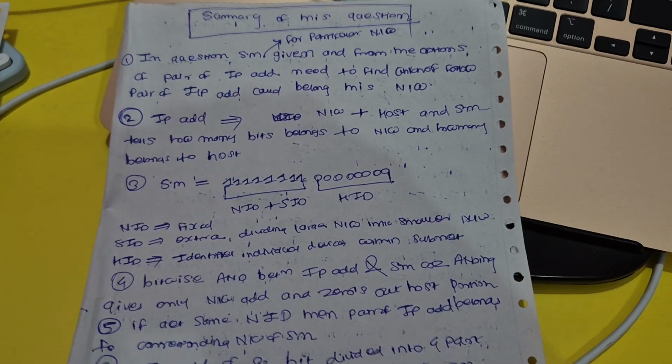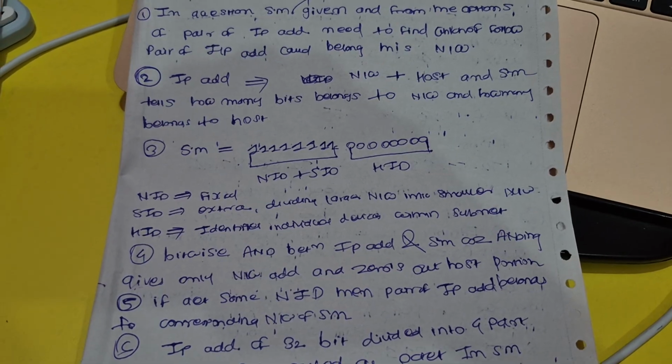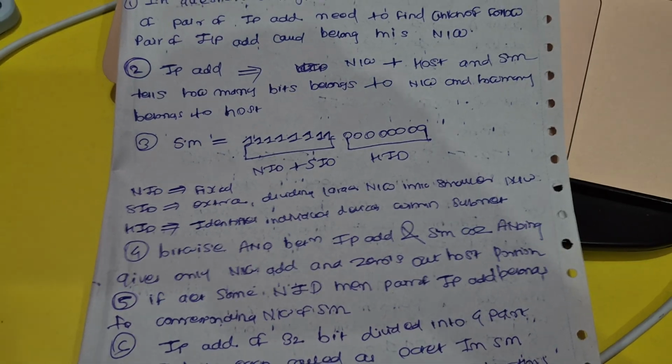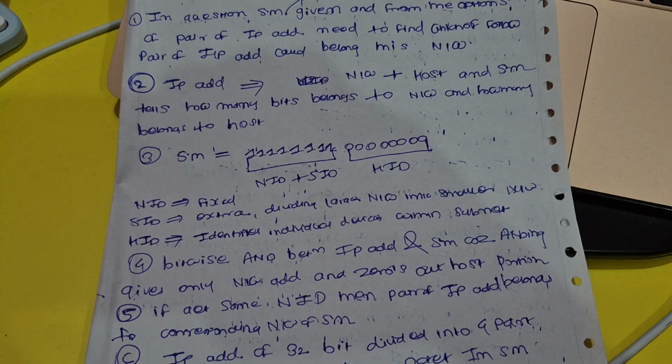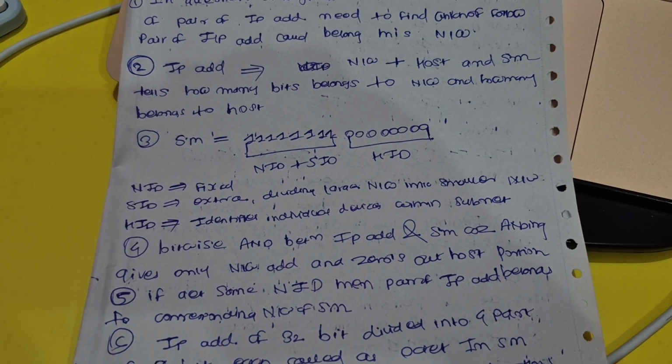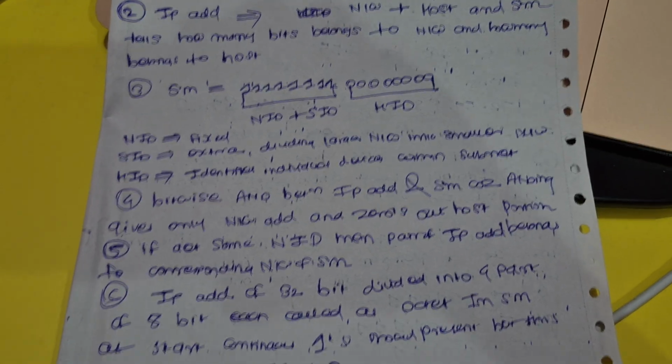That's why we perform bitwise AND between the given subnet mask and the IP addresses. After doing bitwise AND, if we get the same network ID, then the IPs belong to the same network, the corresponding network of the subnet mask.